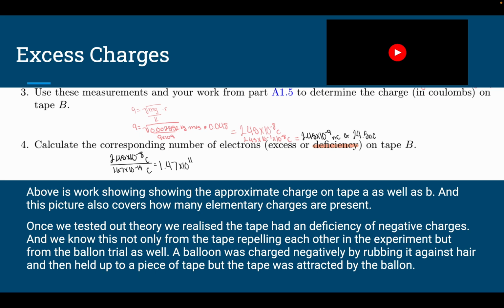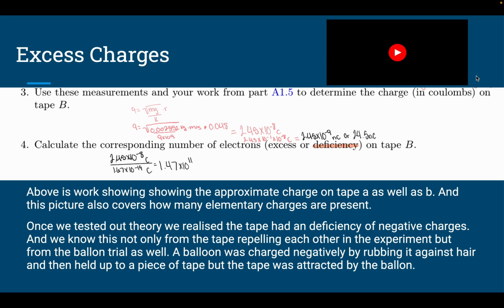And then in part 4, we used the answer we got in part 3, plugged that in to find that there was a deficiency of electrons, meaning that the charge is positive.